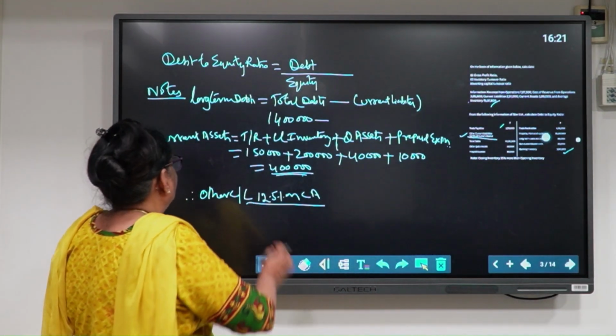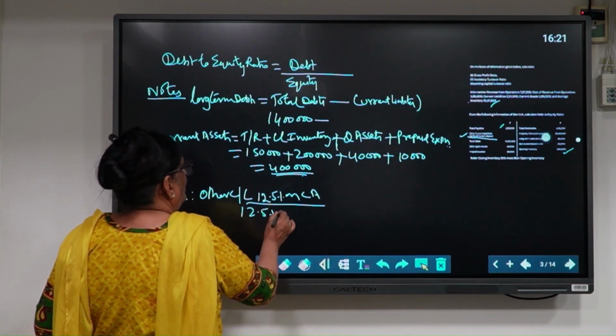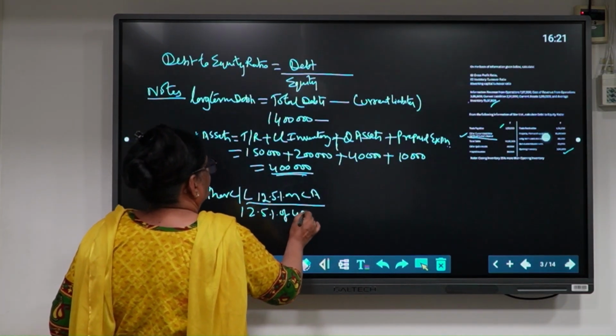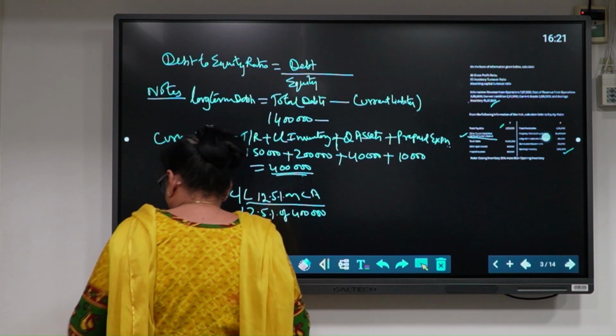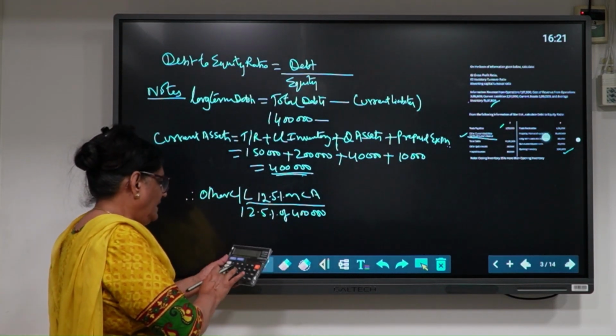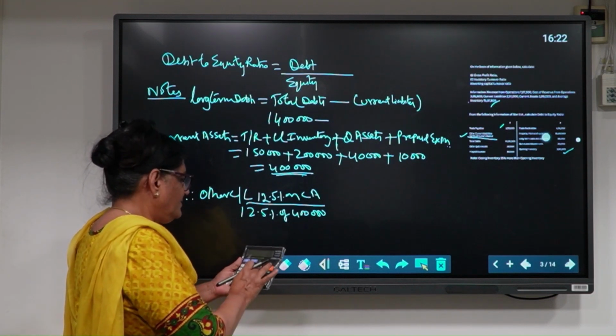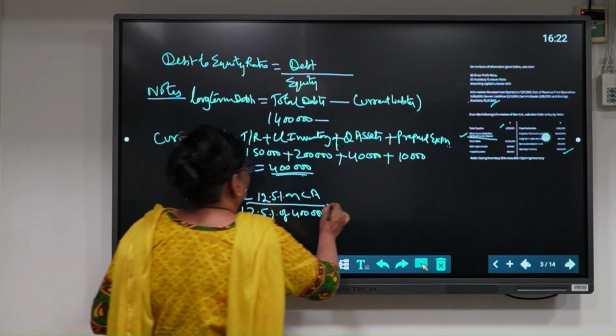That's the reason we wanted to find out current assets. So 4 lakhs into 12.5%: 50,000 you are getting.